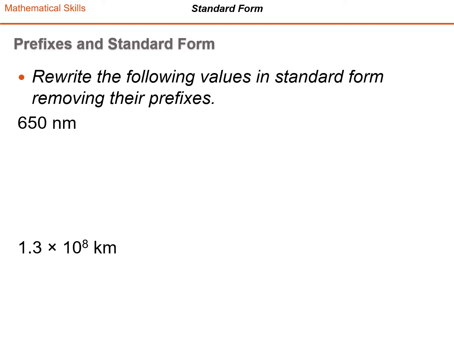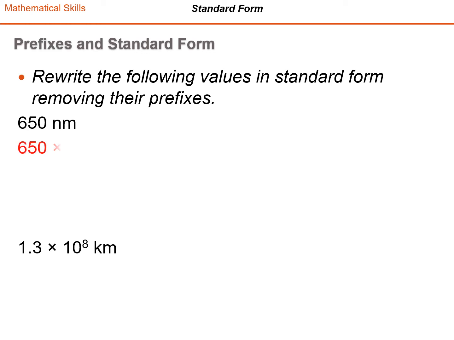So now we're going to look at how we can use standard form to effectively deal with prefixes in numbers that we may be given. So we've got two numbers here, one of which is in normal decimal form, one of which is in standard form, and we're going to have a go at removing their prefixes. So let's start with that first one, 650 nanometers. We should know that a nanometer, that prefix nano, lowercase n, represents 10 to the power of minus 9.